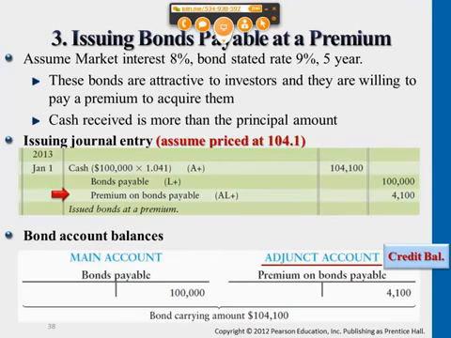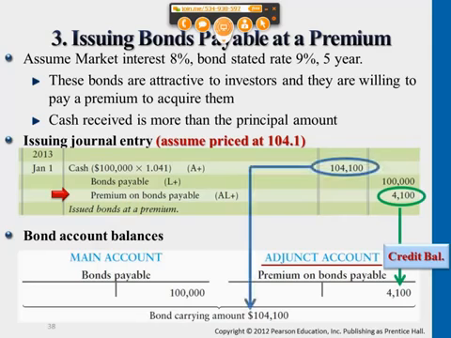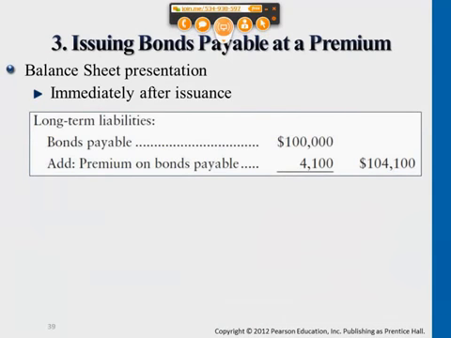This is like you collected money up front, so later on when you pay back interest, it relatively seems less. If we take a look at the interest entry, this part here, premium on bonds payable, has the same credit balance because you're borrowing more money from the creditor. Later on, shown on the balance sheet, it looks like this. Bonds payable is still at the face value.